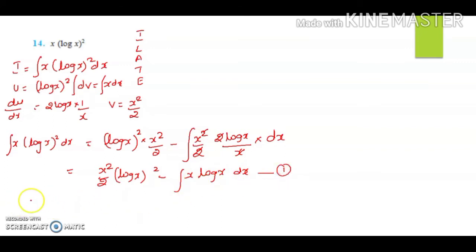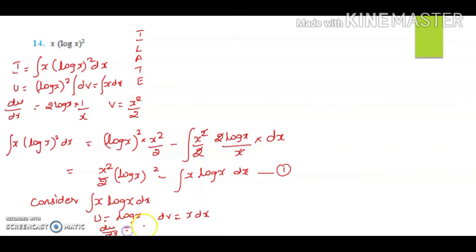Now we have to once again use the form u dv. So let us name this to be equation 1. Consider the integral of x log x dx. So here the choice of u will obviously be log x, and dv is equal to the remaining part x dx. So du by dx equal to, if I differentiate log x, we get 1 by x, v equal to x square by 2.